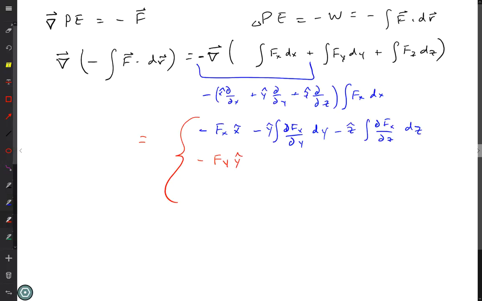So by analogy, it's the y term that now comes out for the second one. And then I'll have minus x hat integral of df of y dx minus z hat integral of df of z.